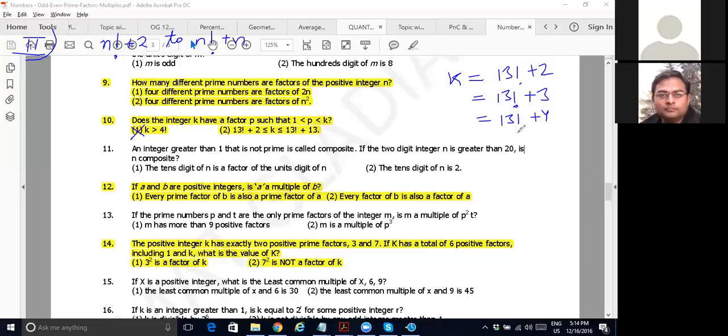K lies between 13 factorial plus 2 and 13 factorial plus 13.